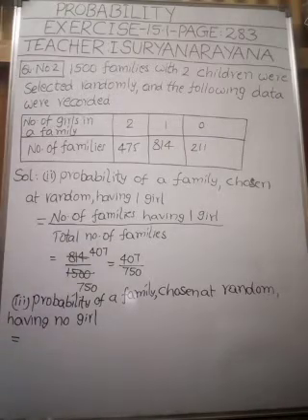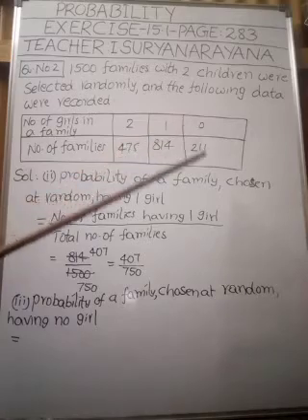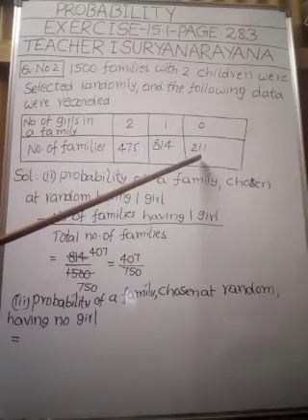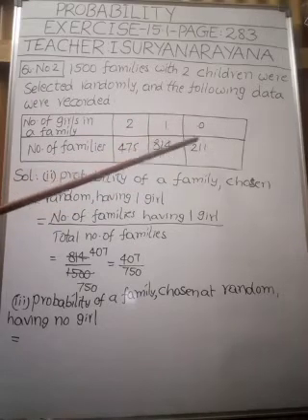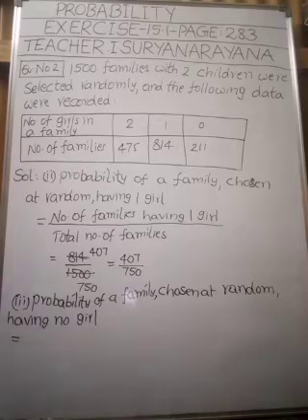How many families are not having even a single girl? 211. In these 211 families, the 2 children are boys. No girl is there. Okay, my children, understood this point?